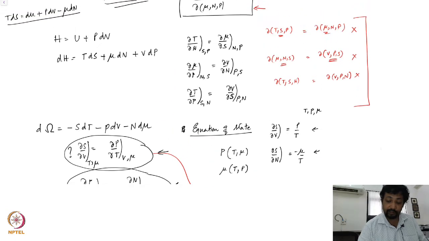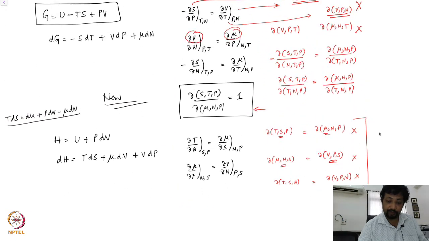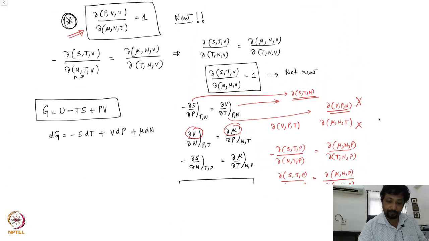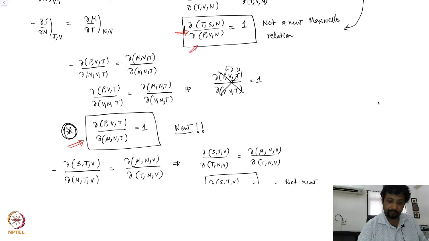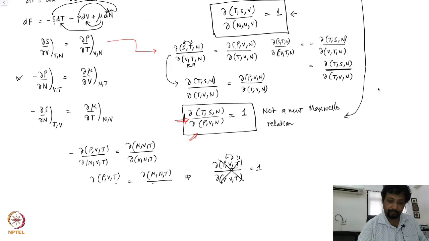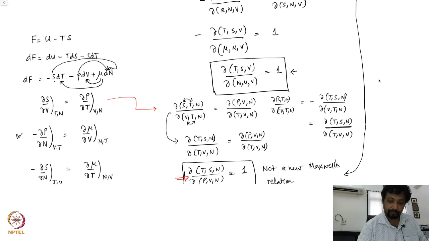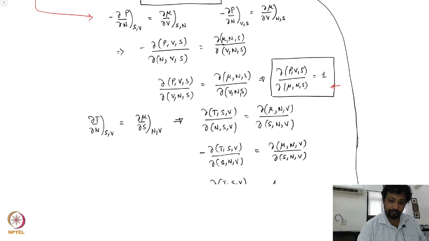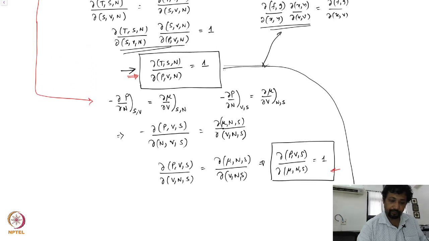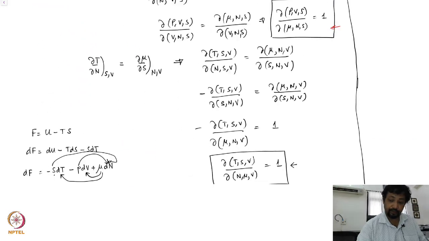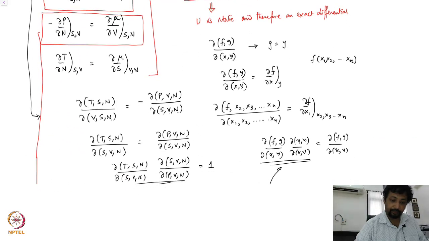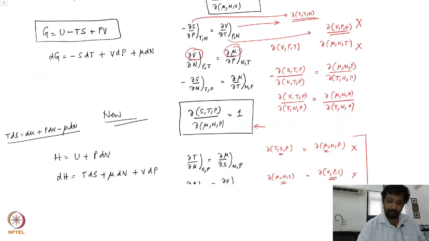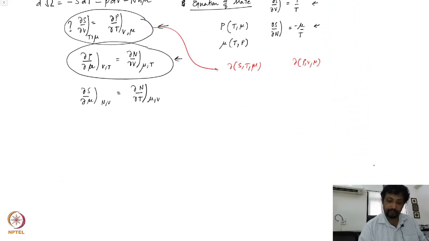So do I have S T μ and P V μ anywhere? I don't have. If I don't have, then I want to calculate this.